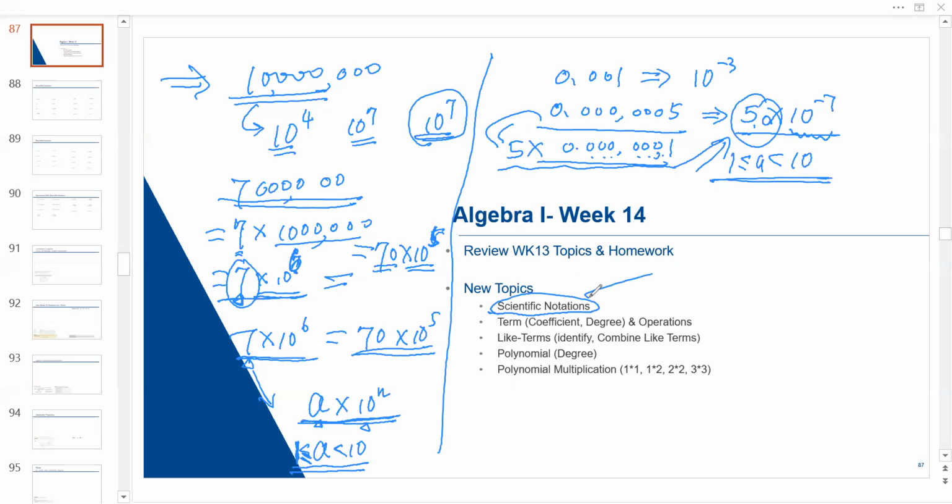So generally, scientific notation is A times 10 power n, where A is between 1 and 10. This n can be positive, and positive is a big number, right? And when negative, they are very small numbers, right?